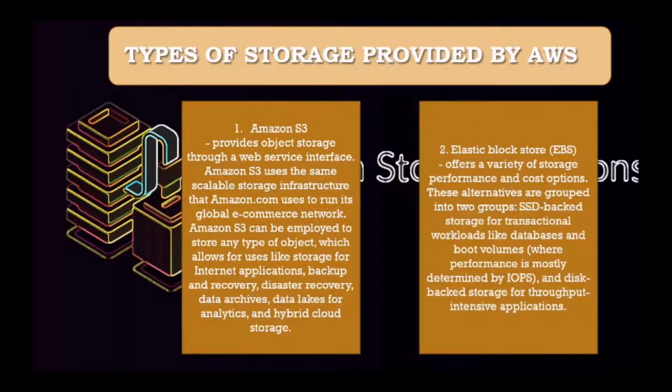Okay, these are the types of storage provided by AWS. The first one is Amazon S3 and the second one is Block Store, EBS. Actually, we have 4 main types of storage provided by AWS: EBS, EC2 Instance Store, Amazon S3, and the last one is adding storage. But here we will show you 2 of the main types. The first one is Amazon S3.